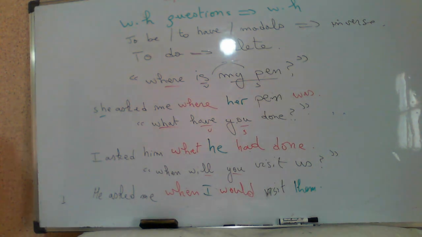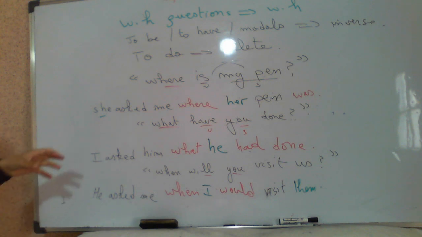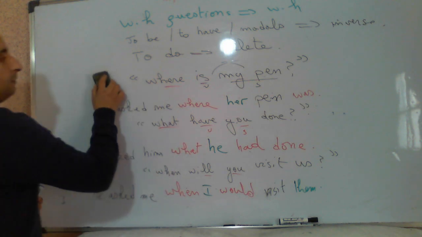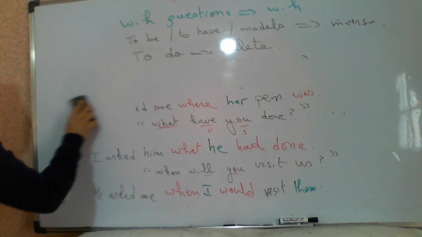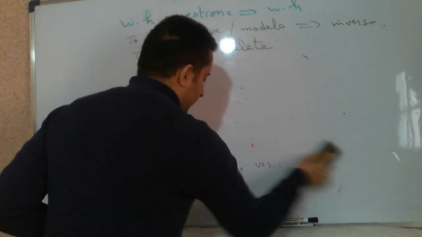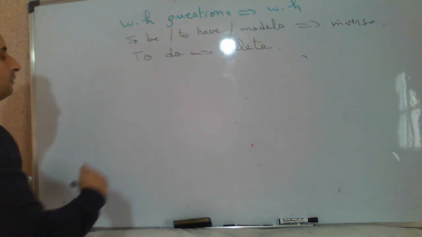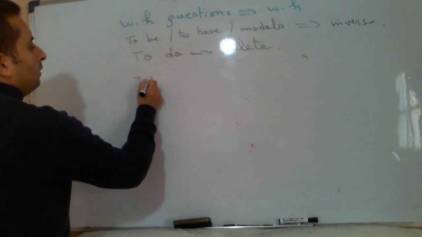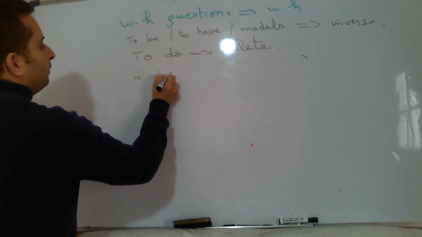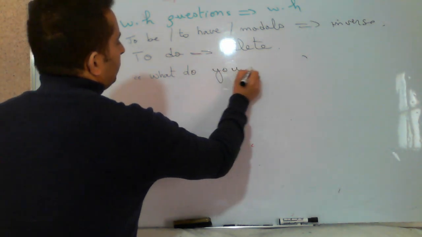This is what we have seen: WH questions with verb to be and to have and modals. Now let's see some examples with verb to do with WH questions. Okay. What do you say?